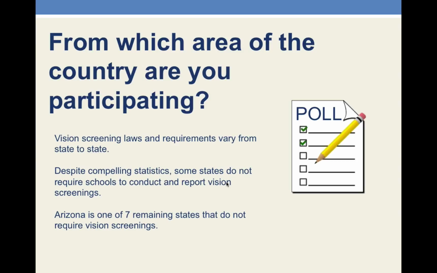My daughter, who's now almost 26 years old, went through her education process here in Arizona, and we are working feverishly to change the legislative landscape here in Arizona to try and protect children's vision. For those of you not in Arizona, if your state doesn't require that, then we would be more than happy to support efforts in your state to try and change that as well.